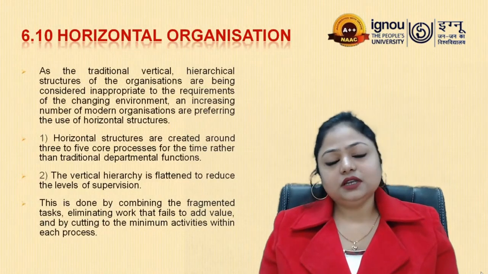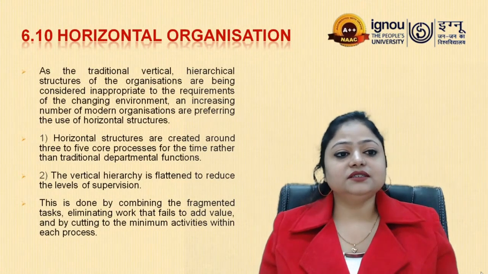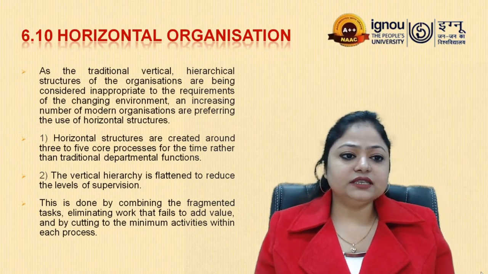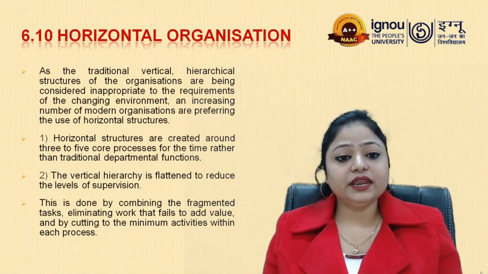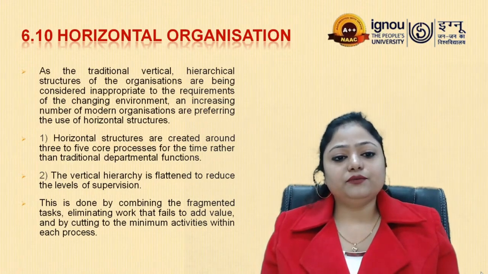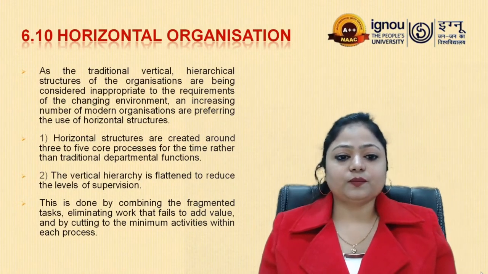Another organizational type is the horizontal organization. Traditional vertical and hierarchical structures are being considered inappropriate to the requirements of the changing environment, and an increasing number of modern organizations are preferring horizontal structures.